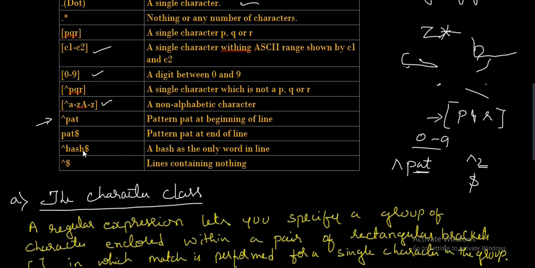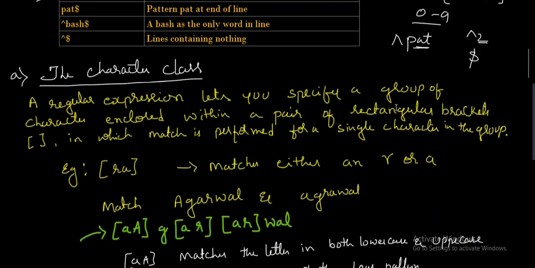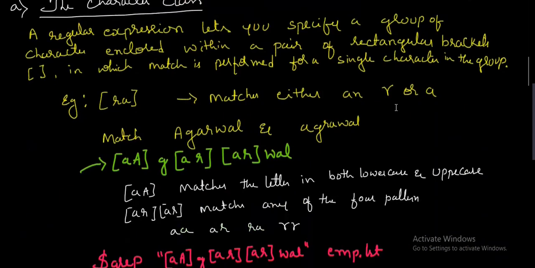We'll go through these patterns and understand how they work with an example. First we'll take the character class. A regular expression lets you specify a group of characters enclosed within a pair of rectangular brackets. Whenever you come to a character class, it is always represented using rectangular brackets.